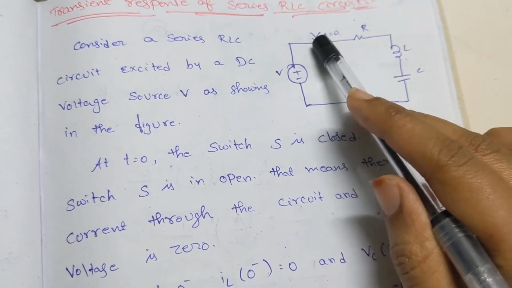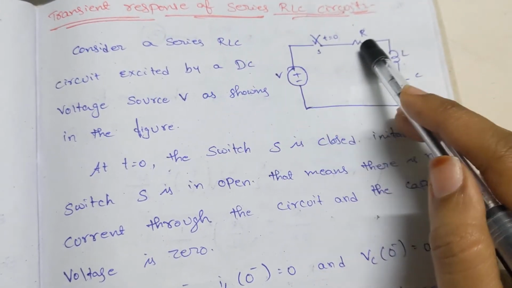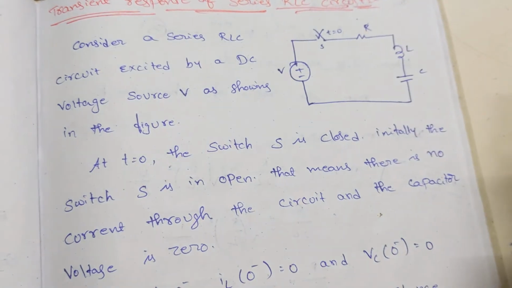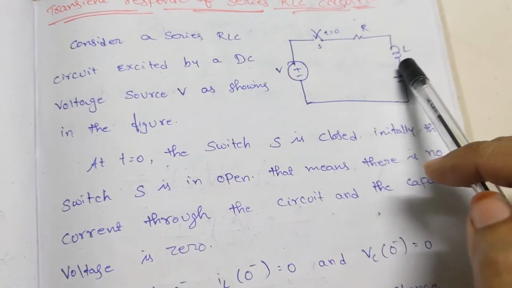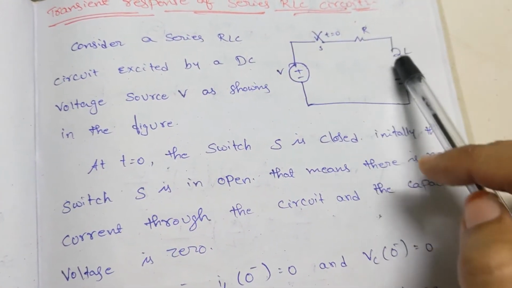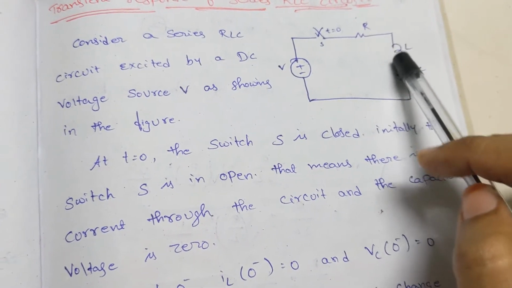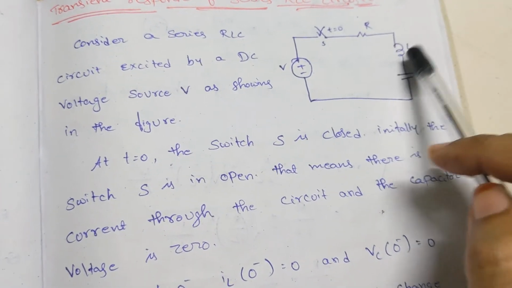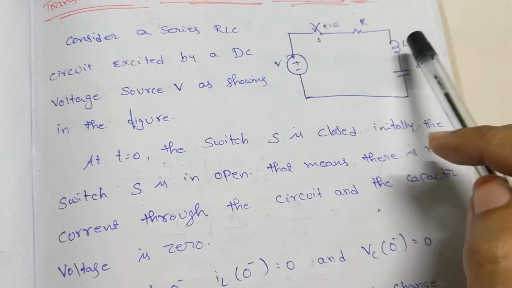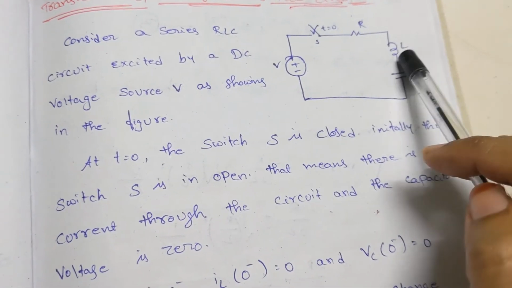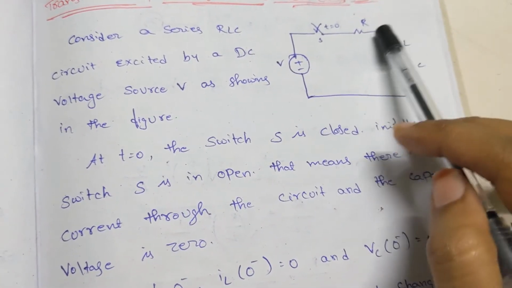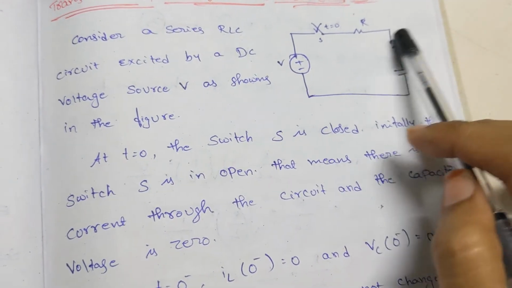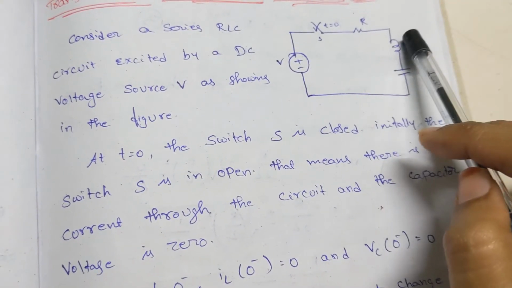When you close the switch, it becomes a closed path. The current starts flowing through your path. At that time, the current is flowing through the inductor also. But the nature of the inductor is that it doesn't allow a sudden change in the current.